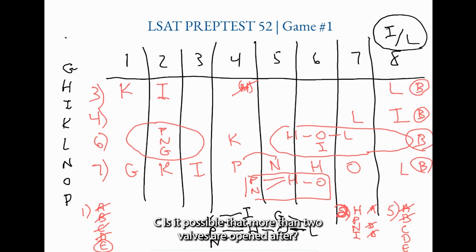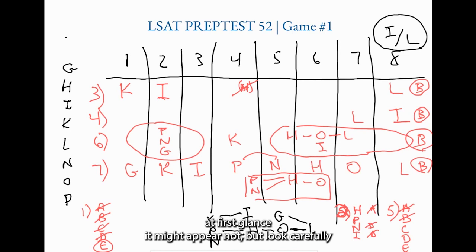So choice C, is it possible that more than 2 valves are opened after O? At first glance, it might appear not, but look carefully. After O, we definitely have L. We could have G. And don't forget about that I possibly floating to the right. L, G, and I could all be after O in certain circumstances. So C is gone.